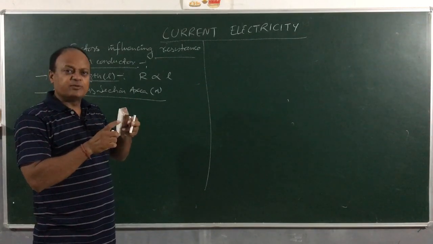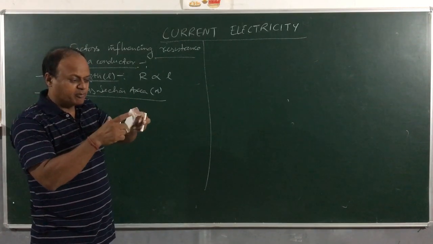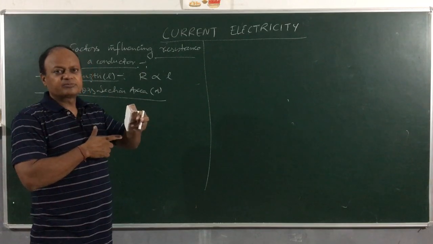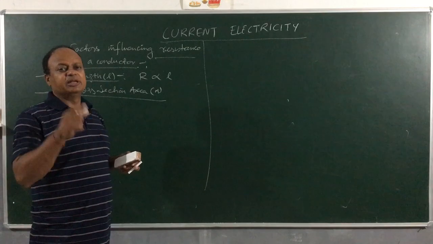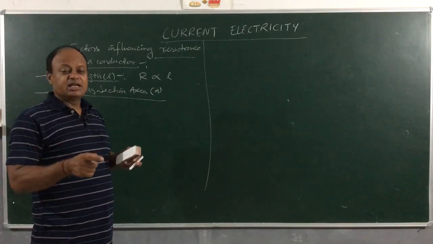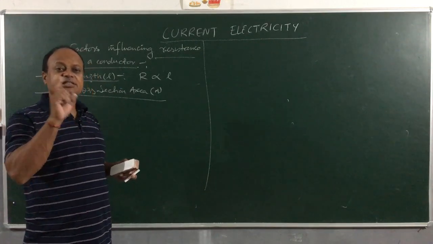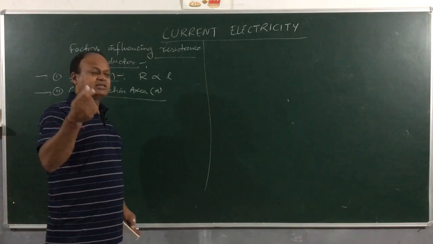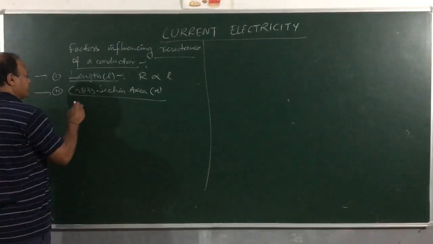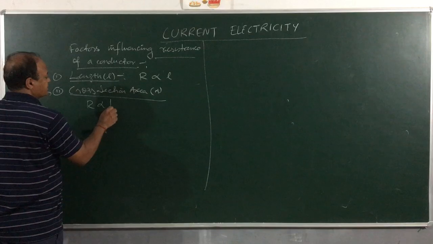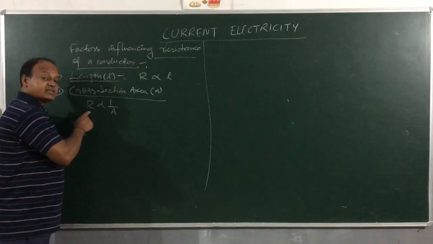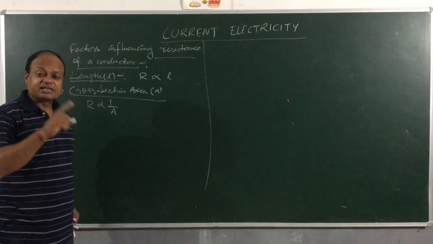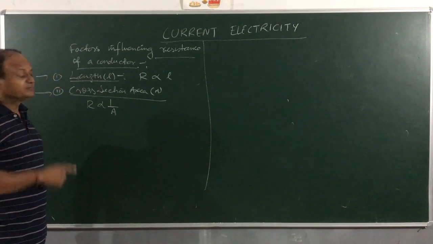If the cross section area is more, this will give more space for movement of electrons through it, and with more space there will be less frequent collisions, and if collisions are less, the resistance will be less. So we can sum up that resistance is inversely proportional to cross section area. It means more the area, less the resistance. If the resistance is less, it can carry more current, right?